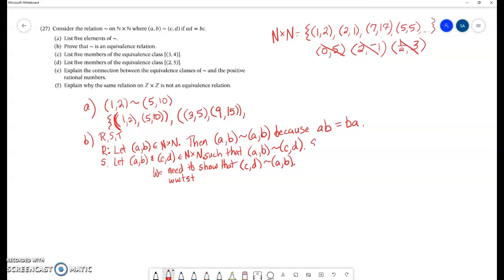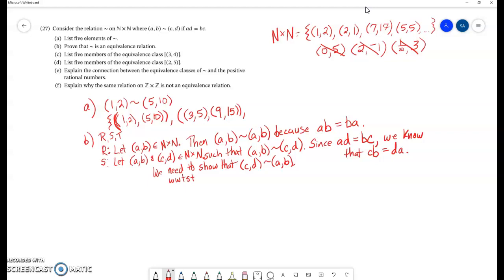Well, since this is true, we know that AD equals BC. We also know that CB equals DA, because here we're just reversing the order, and whether it's the left side or right side of the equation doesn't matter.